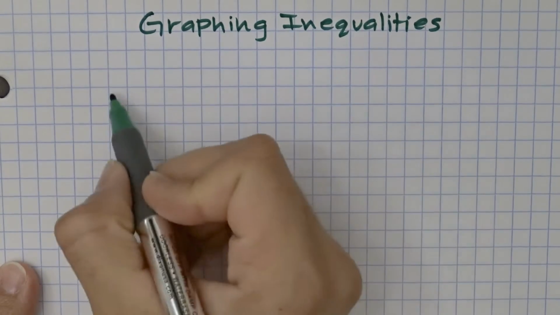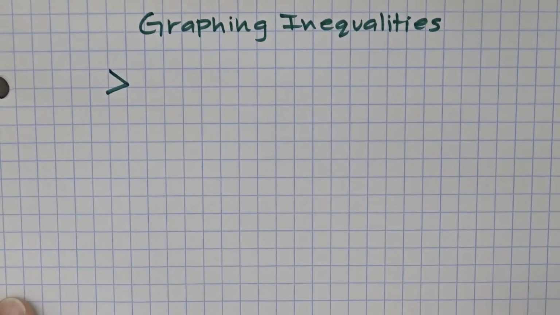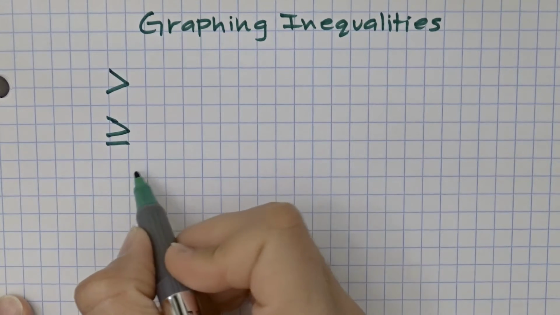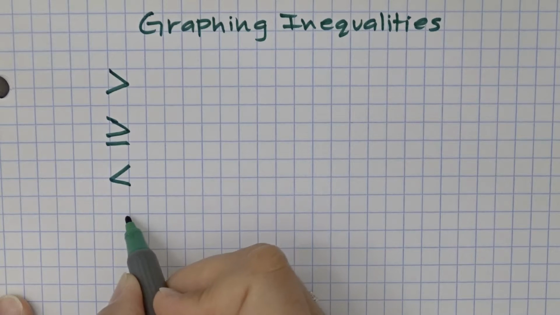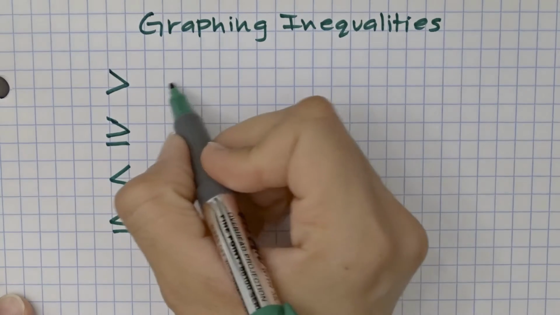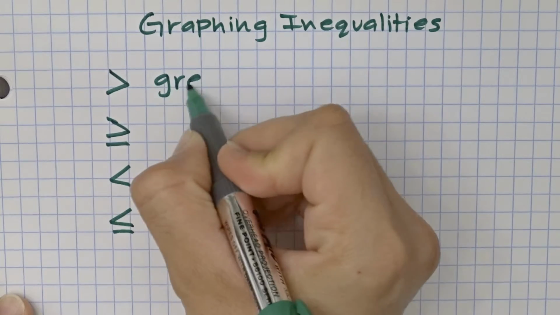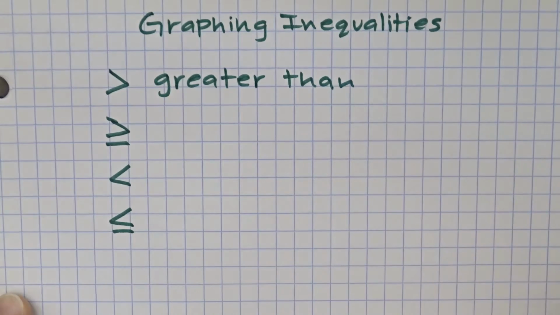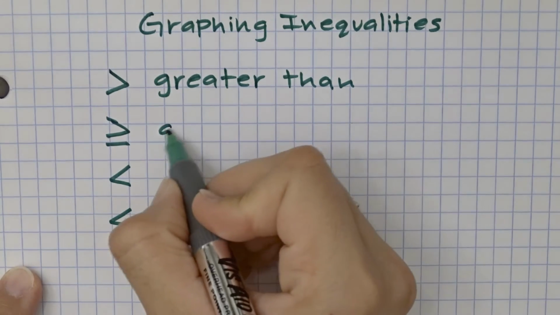You've probably seen this before. These symbols are called inequality symbols. We use them when something is not equal. And this one means greater than. The next one is greater than or equal to.